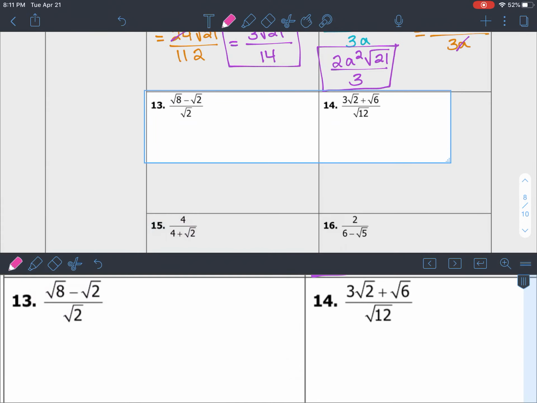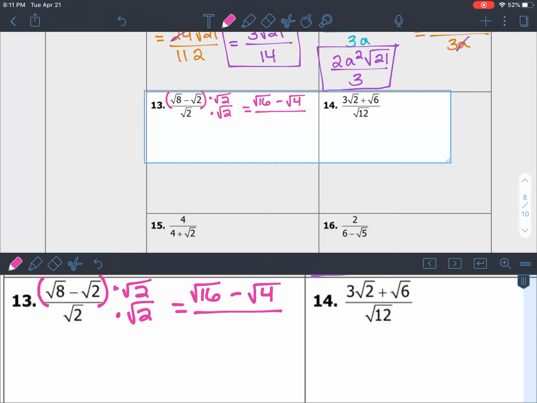So for number 13, again, we start by just doing what we have been doing, where we multiply both the top and the bottom by whatever our denominator is. So when I do this, I have to consider the numerator in parentheses, which means I'm going to need to distribute. So I'm going to have the square root of 16 minus the square root of 4 over the square root of 4.